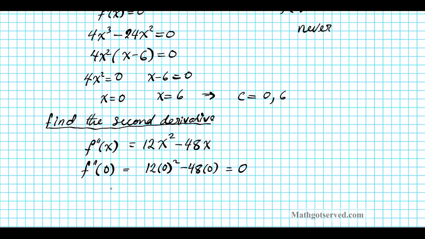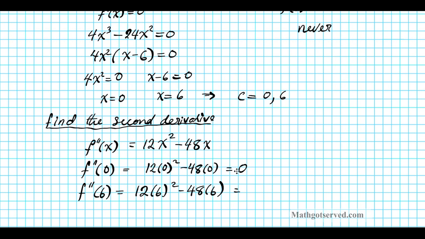Okay, and then let's test the second critical point, f double prime of 6. We have 12 times 6 squared minus 48 times 6. Let's see what this is. We actually have to work this out so that we know what the sign is. Is it positive or is it negative?